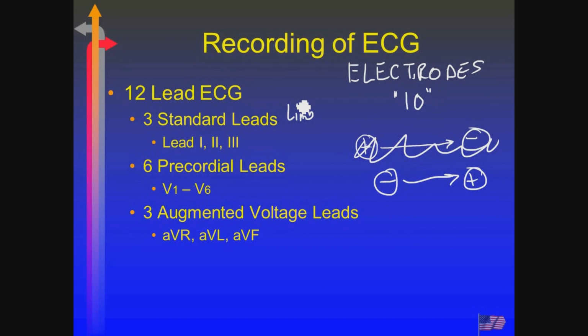There are 3 augmented voltage leads, AVR, AVL, AVF, standing for augmented voltage right, augmented voltage left, augmented voltage foot. And then there are 6 precordial or chest leads called V1 through V6. Now this means nothing to you at this point, so let's give it a little bit of sense.